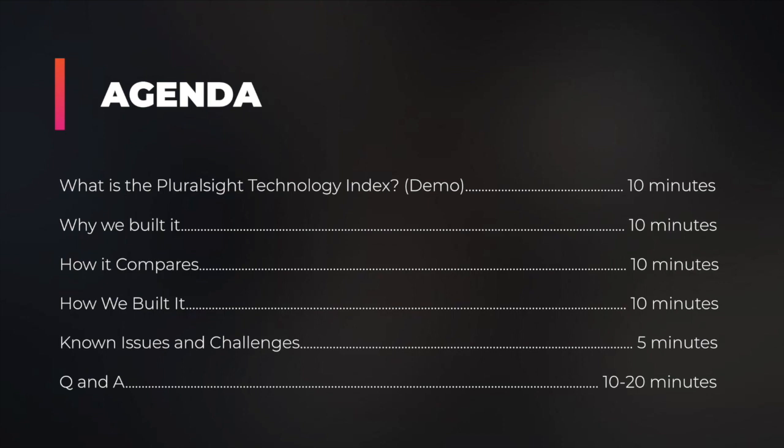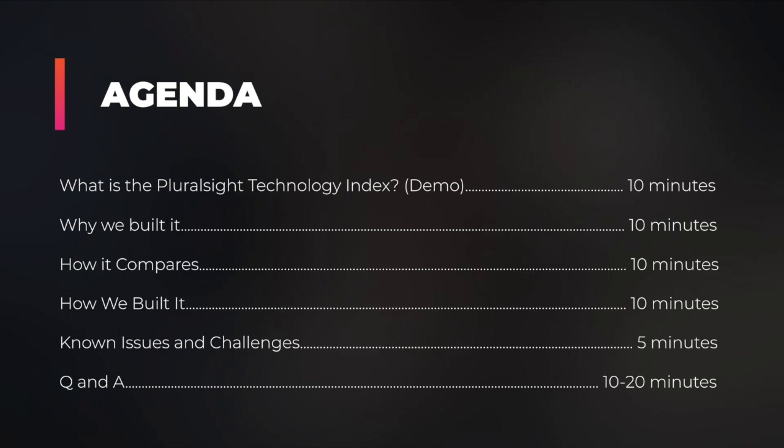Then we'll talk about our reasons for building it. It's two-faceted. We'll get into that. We'll also look at how it differs from other indexes out there in the wild. And then we'll talk about the 10,000-foot perspective on how we built it.